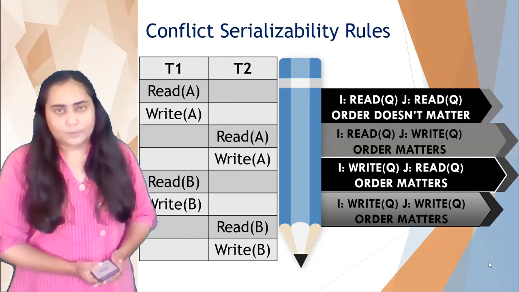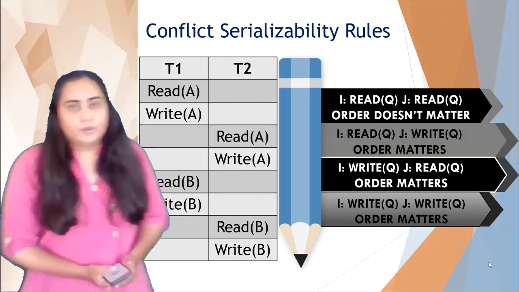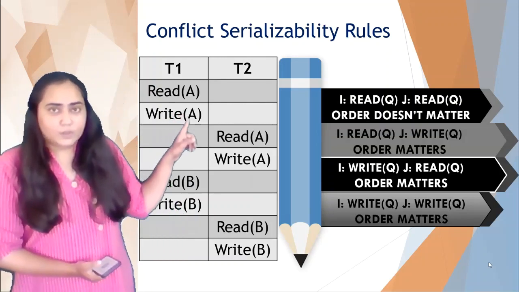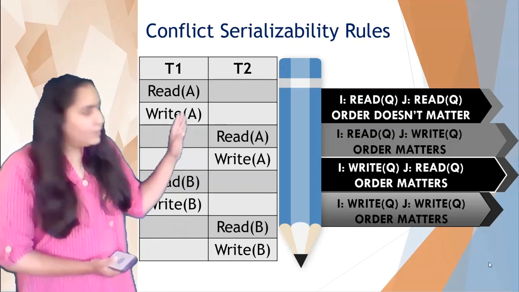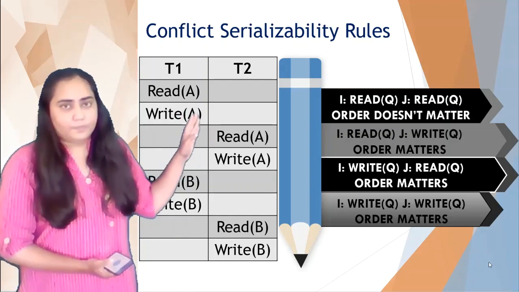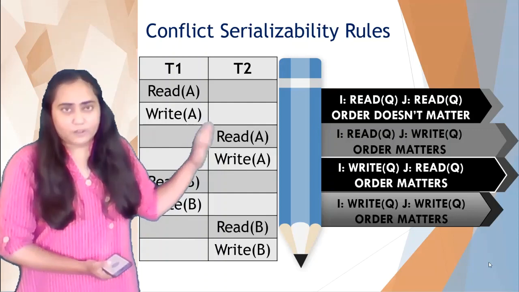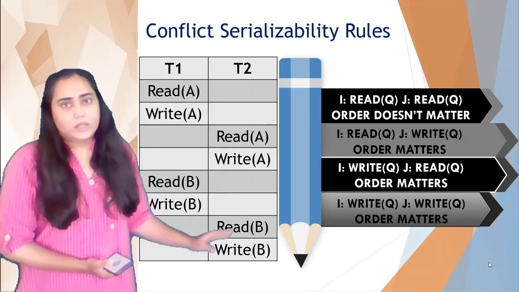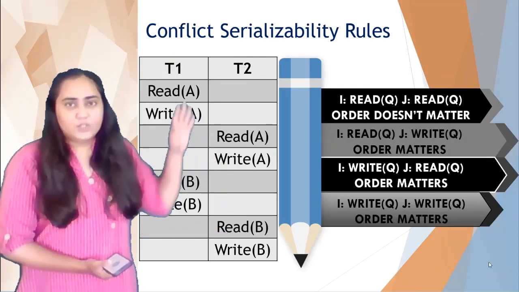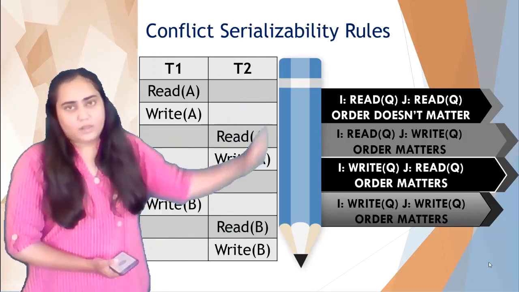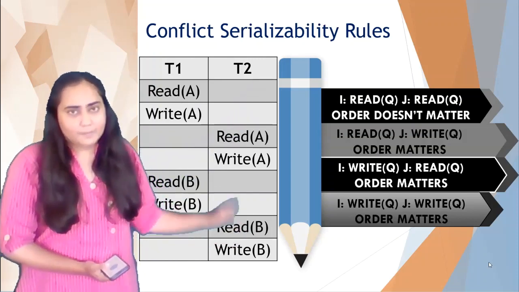That is not possible. So the next thing I can do is compare read A with the next operation. The next operation after read A is write A, and both belong to the same transaction, which means none of these rules can apply.